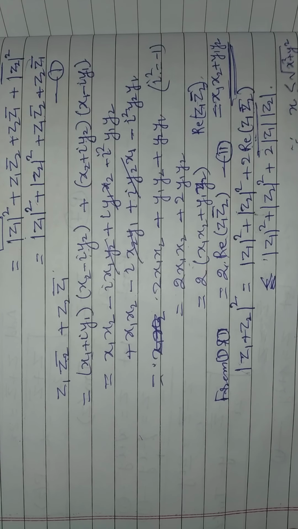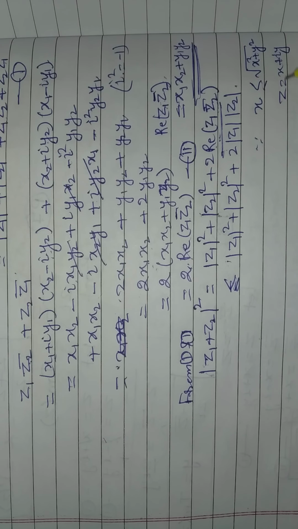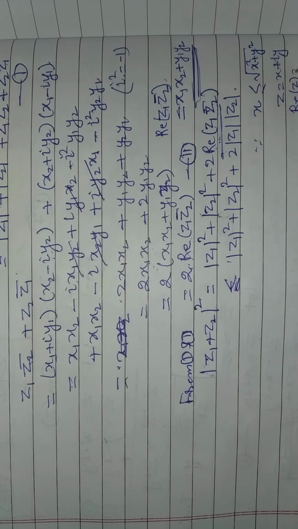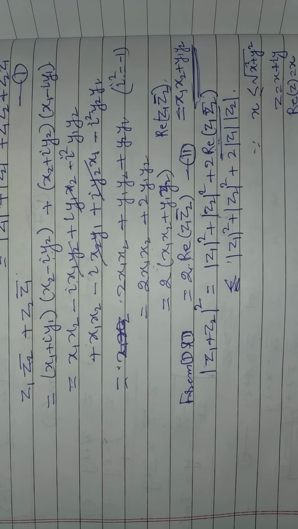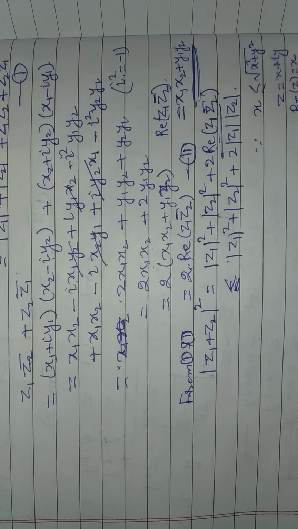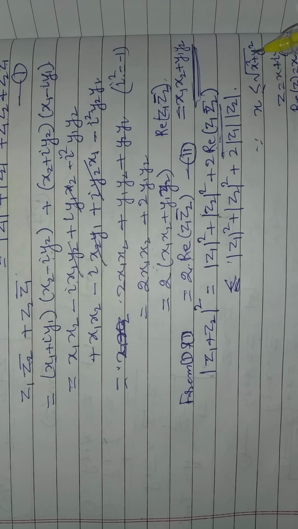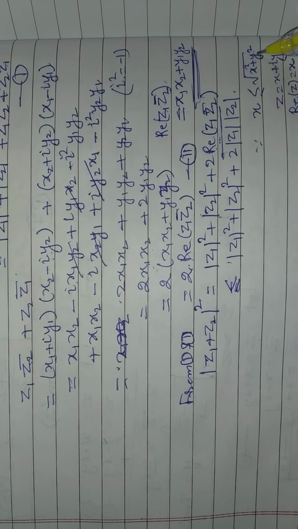Suppose z is a complex number x plus iy, then real part of z is equal to x and modulus of z is equal to root under x square plus y square. So x is always less than or equal to square root of x square plus y square, because x square is positive and y square is positive.